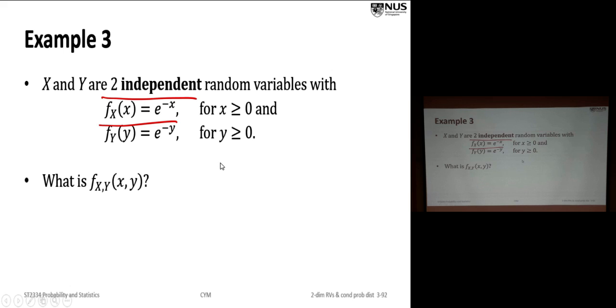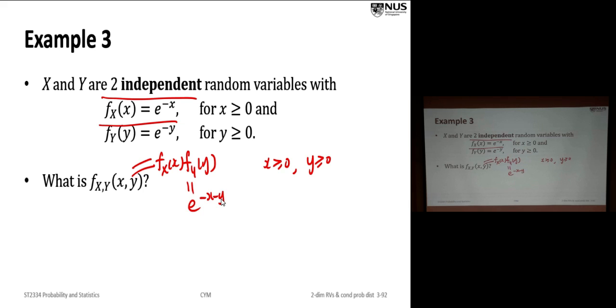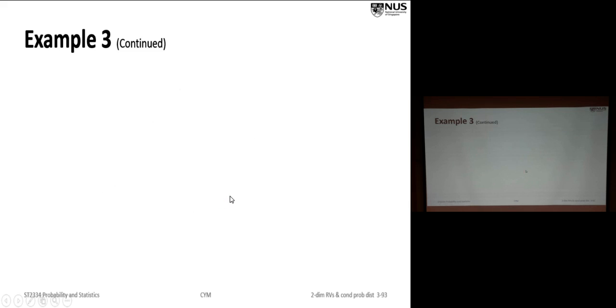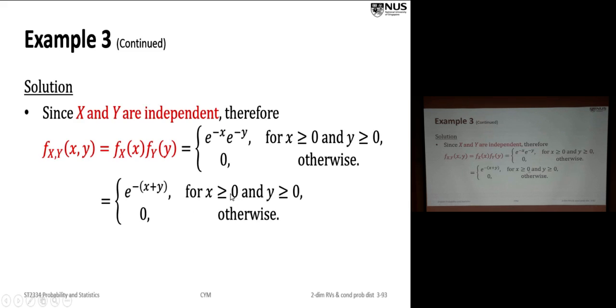So according to properties of independent random variables, this one is equal to f of x times f of y for x bigger or equal to 0 and y bigger or equal to 0. And this one is equal to e to the power minus x minus y, or e to the power minus (x plus y). All right?